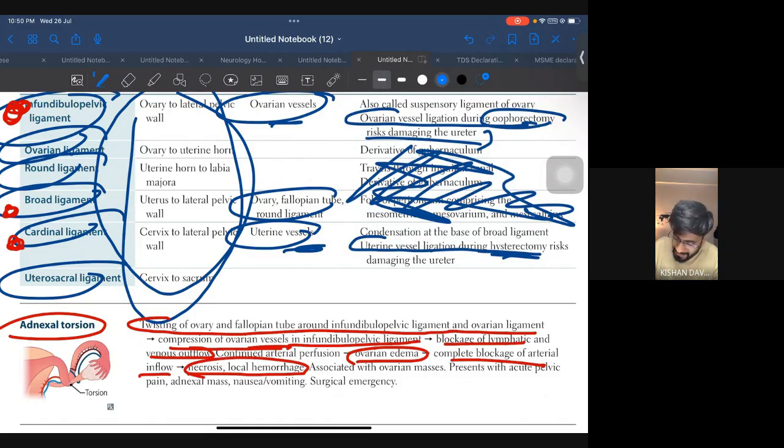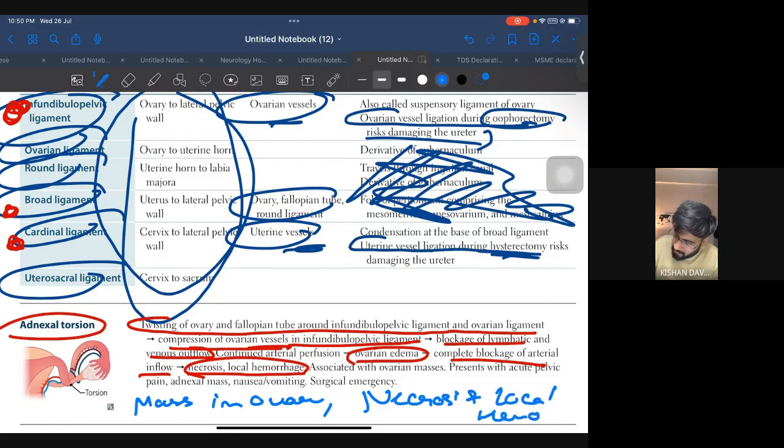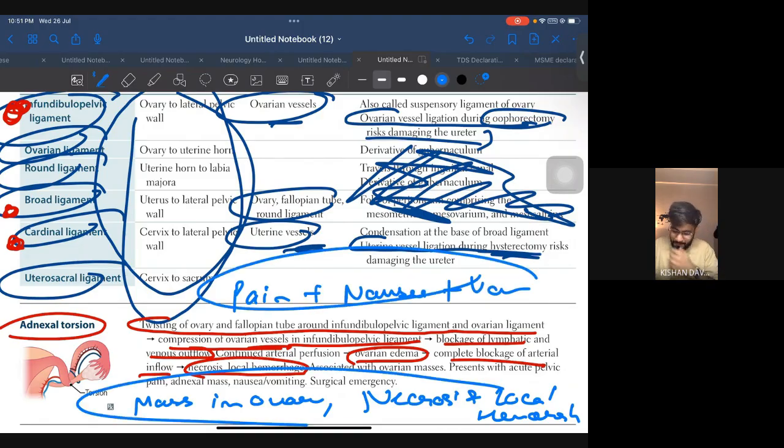It is seen there is a mass in the ovary, necrosis and local hemorrhage seen, and there is pain plus nausea plus vomiting. So if it is given like this, mass in ovary, necrosis and hemorrhage, think about adnexal torsion.